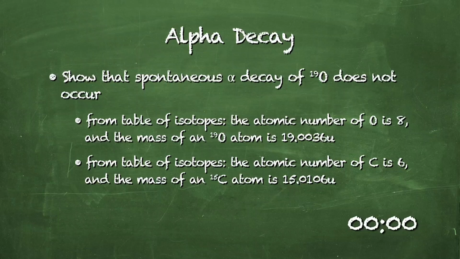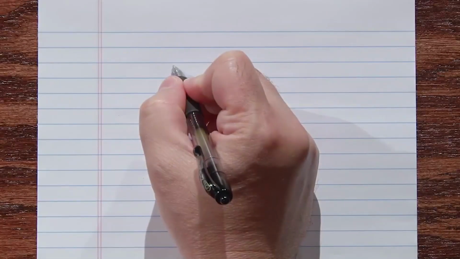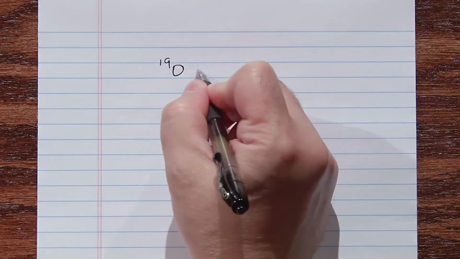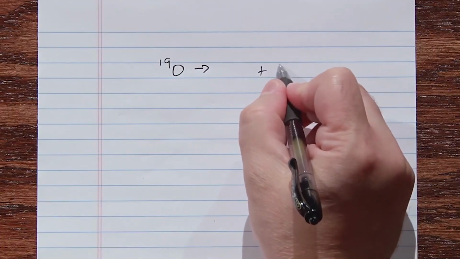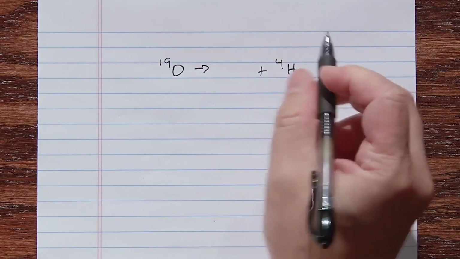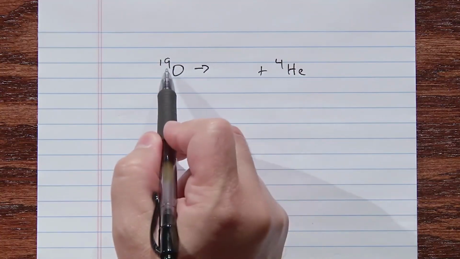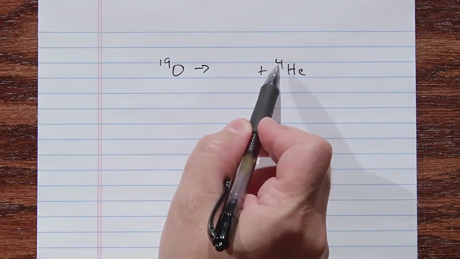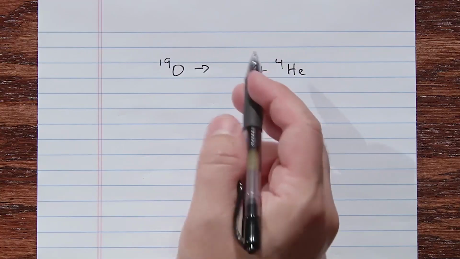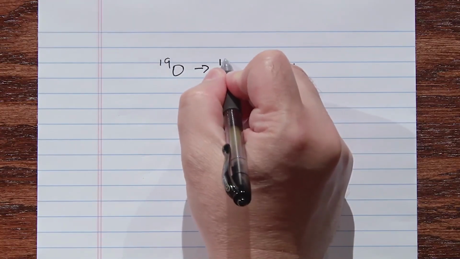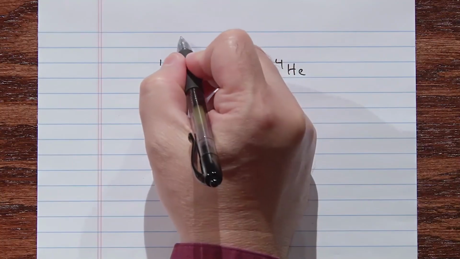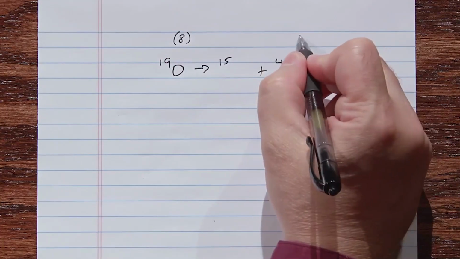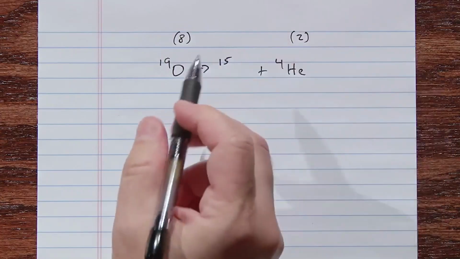Okay, so the reaction that we're looking at is oxygen-19 becomes something plus helium-4. Well, if we have 19 nucleons to begin with and 4 go into this, whatever we have left is 15. Oxygen is element 8, and helium is element 2.